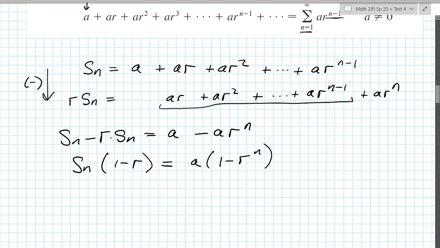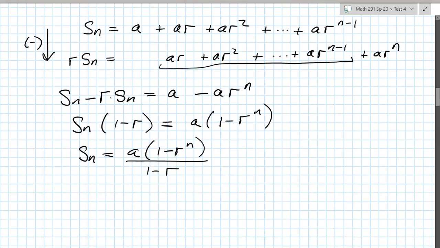Dividing both sides by 1 minus r gives us s sub n equals a times 1 minus r to the n divided by 1 minus r. Okay, so that's our nth partial sum, which is way nicer to work with than this sum of n terms.